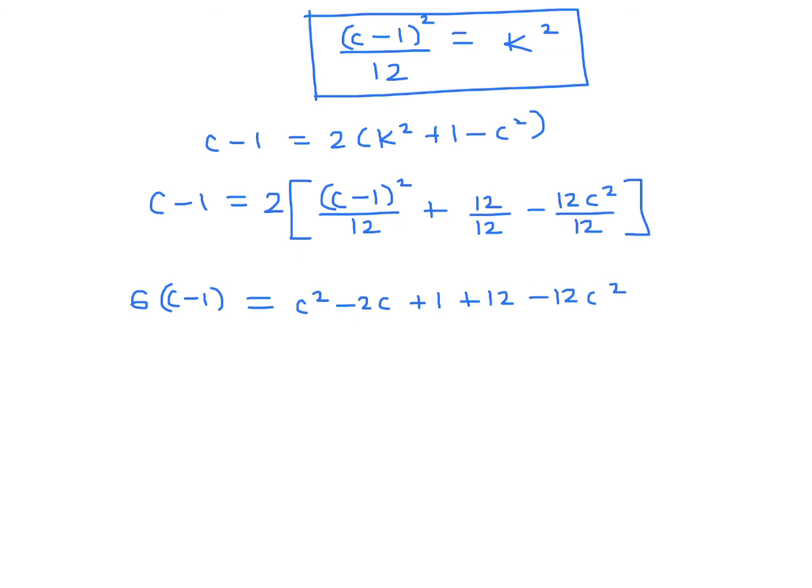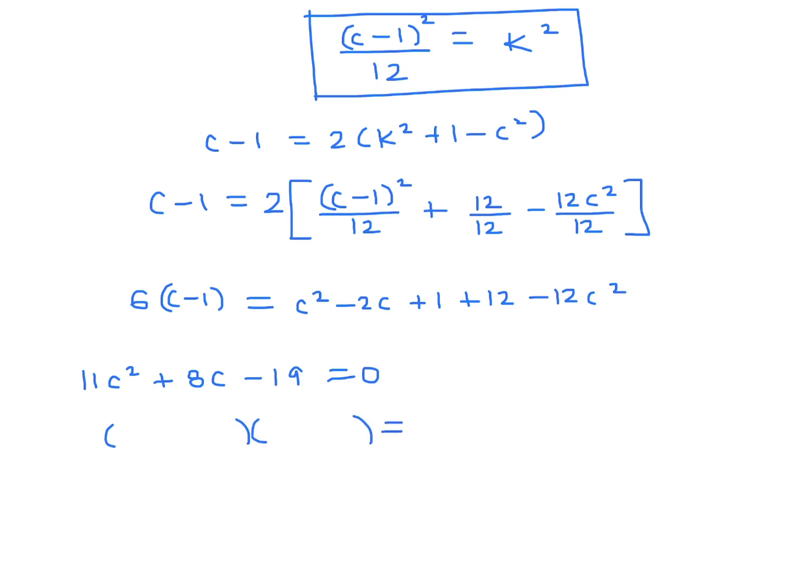Let's see what we get here. c squared minus 12c squared, that's 11, so put the 11c squared here. Plus 6c minus 2c, bring the 2c over, you get 8c. And then we have minus 6, and then on this side, you'll have 13. So minus 6 minus 13, minus 19, is equal to 0.